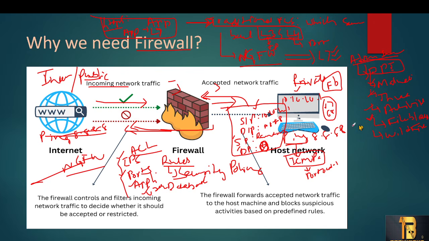Whenever you receive files in the form of .txt or .ppt or any type of files, before you click, it starts downloading, right? Instead of that, the firewall will verify the traffic first.